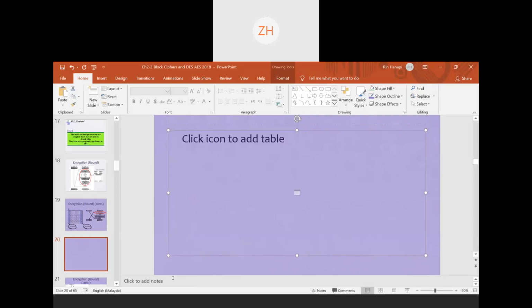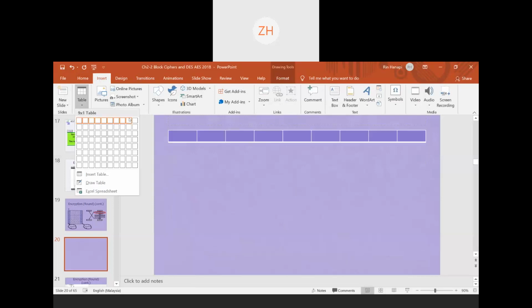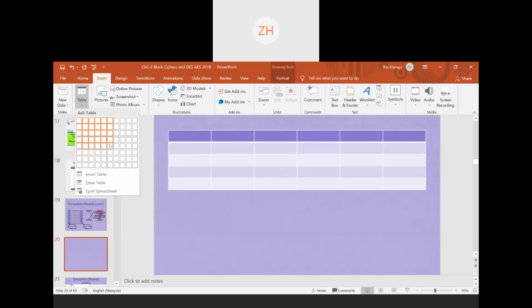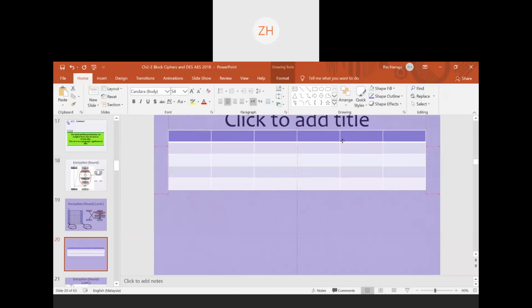I think better to use Word. We have a table here, right? Just make it simple. If I make it simple, then you'll be confused. When we talk about DES, we must trace it in the real size.